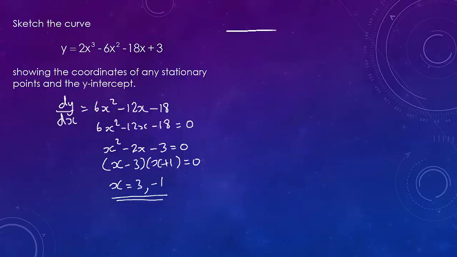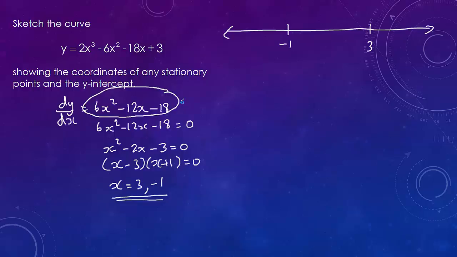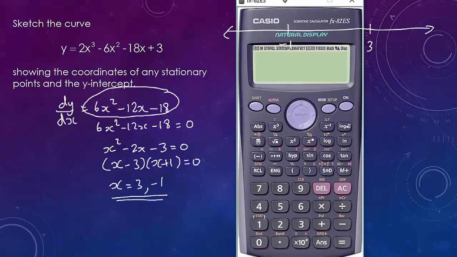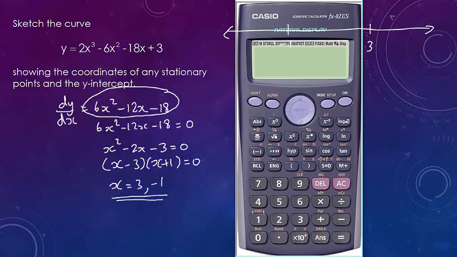So now let's look at a sign diagram. So negative 1 we know is a stationary point, and so is 3. Now here's our expression for dy/dx. Let's consider what dy/dx is when we're left of this point here. So let's use, for example, negative 2.